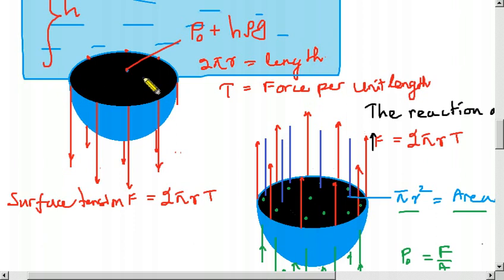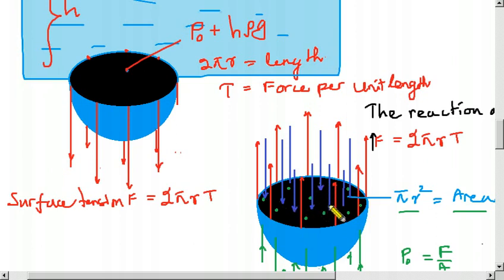That also acting perpendicular initially to the surface, but we can simplify, take the components, and then horizontal components cancel each other, only the vertical forces are remaining. So that is what we are now considering like this.